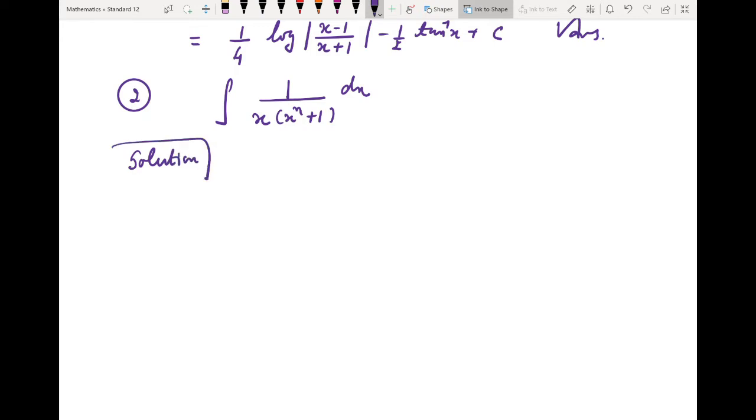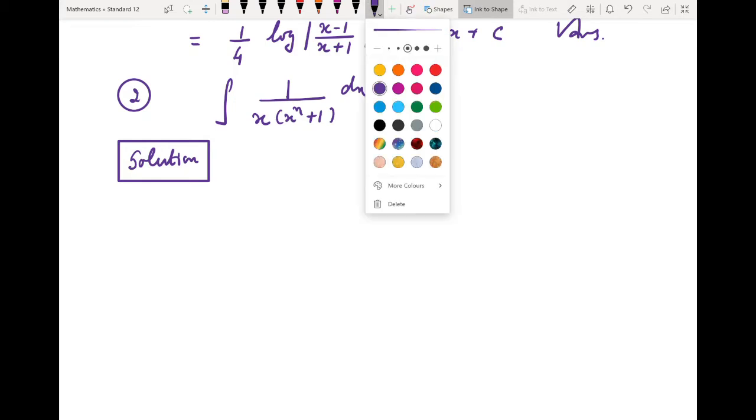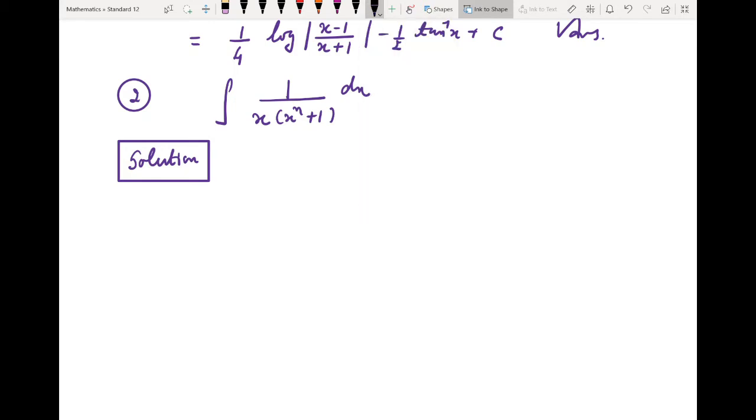Solution. So to integrate this thing, we denote this I equal to 1 upon x raised to n plus 1 dx.